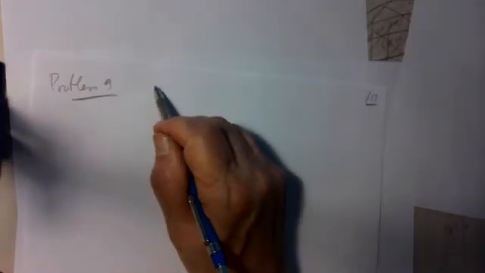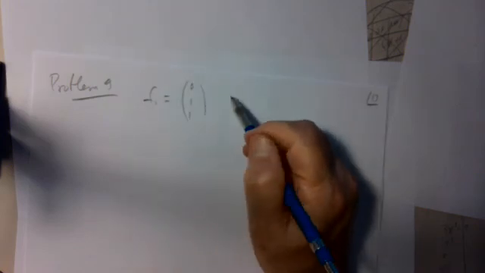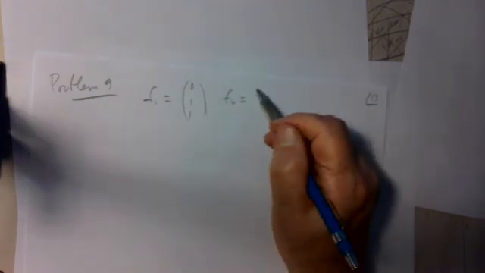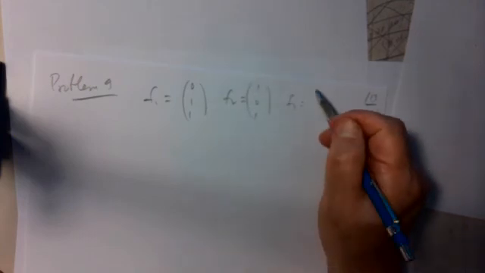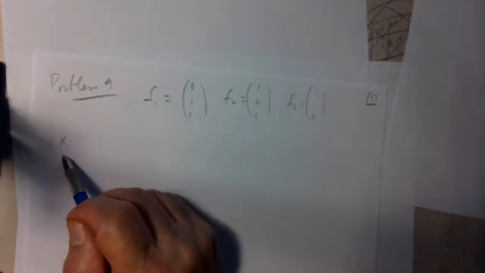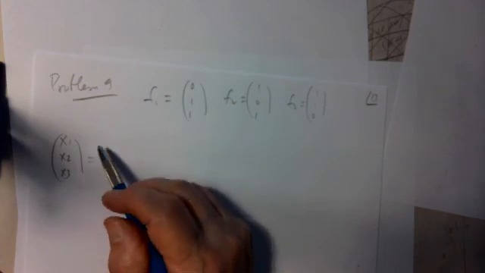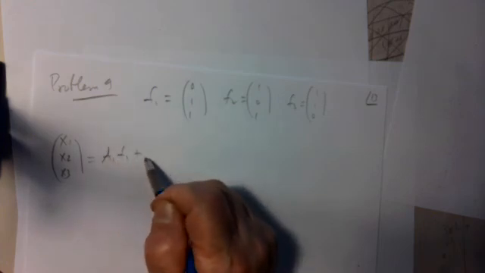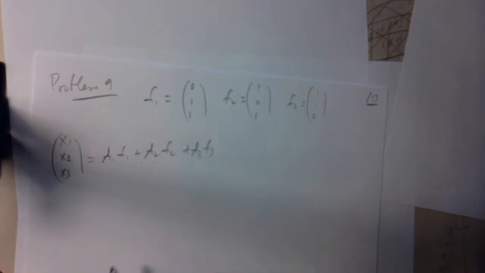So in problem 4, I have the vectors (0, 1, 1), (1, 0, 1), and (1, 1, 0). And I want to show if I take any vector (x1, x2, x3) in R3, I can write that as t1 f1 plus t2 f2 plus t3 f3 for some unique numbers t1, t2, and t3.